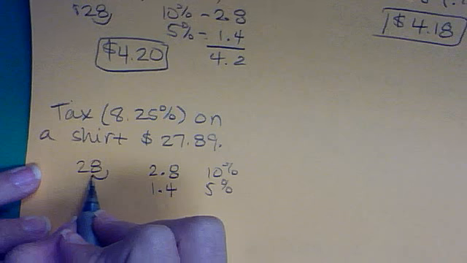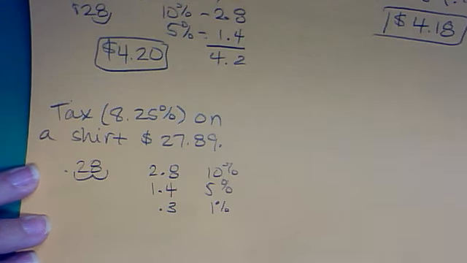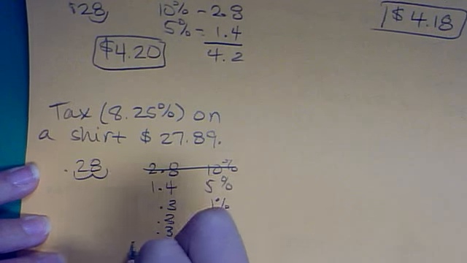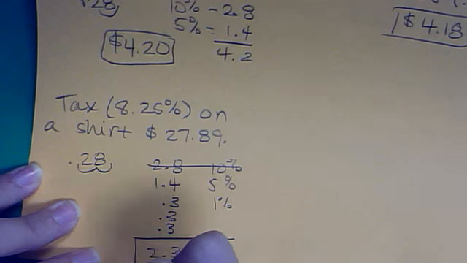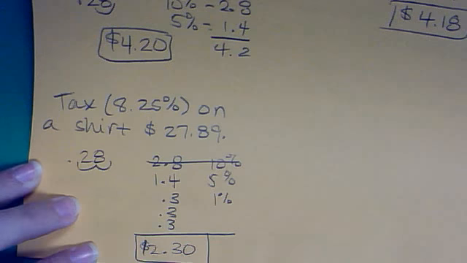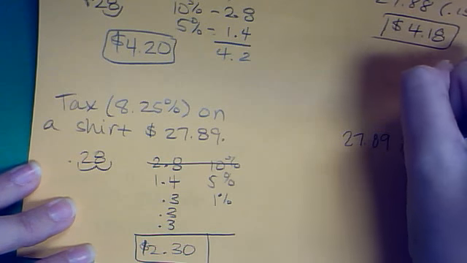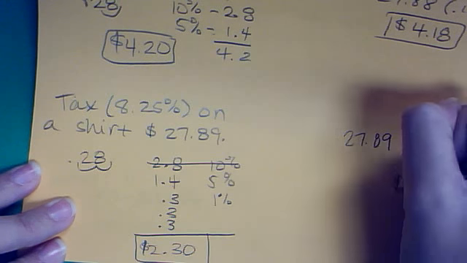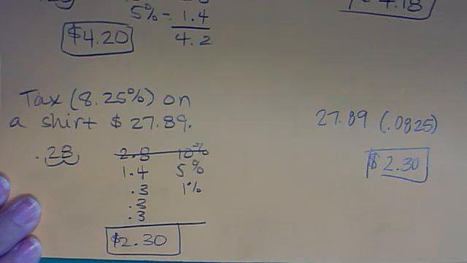If I wanted to find 1%, I would move it over 2, and that would be about 30 cents. To get 8, I would do 5% plus 3 of these. If we add all of that together, we'll get $2.30 for our 8.25% tax. If I want to find the exact number, I do $27.89 times 0.0825, and that would be $2.30 exactly. So our estimate came very close to the exact amount.